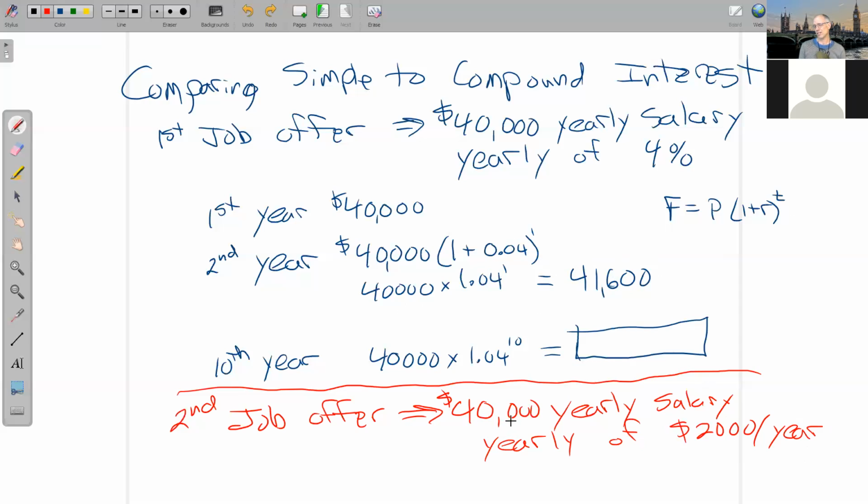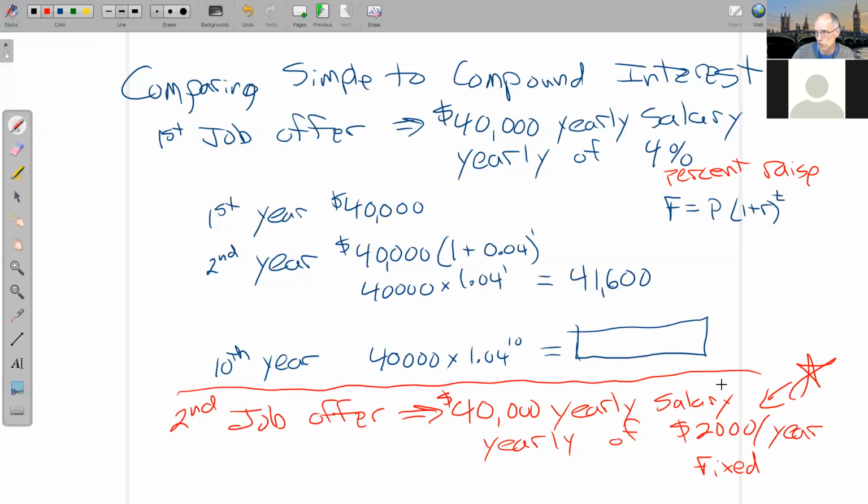So is it going to be a better deal over the long run, or will the percent raise be a better deal? This one here is a fixed raise. This one right here is a percent raise. And at first glance, this one looks like a better deal. He's like, oh man, that's more money than the other one.